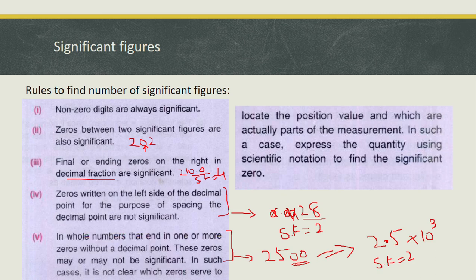So these two zeros are skipped from the significant figures. When we have a number that ends with zeros without any decimal point, we must convert it into scientific notation, and then we see how many digits are there with the power of 10. This shows the number of significant figures.